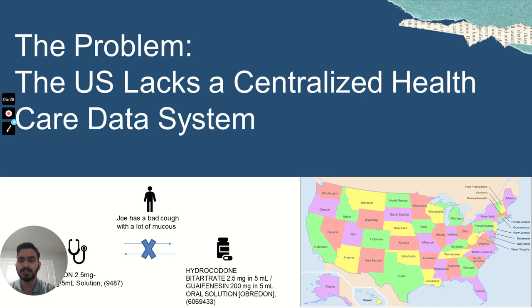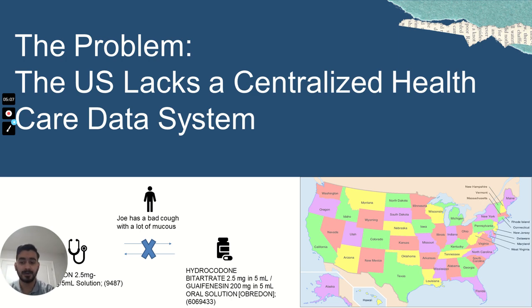But why was there a need for medical terminology? The problem lay in the US. The US lacked a centralized healthcare data system. For example, Joe, living in the US, had a bad cough with a lot of mucus. So the doctor prescribed him Obradon.